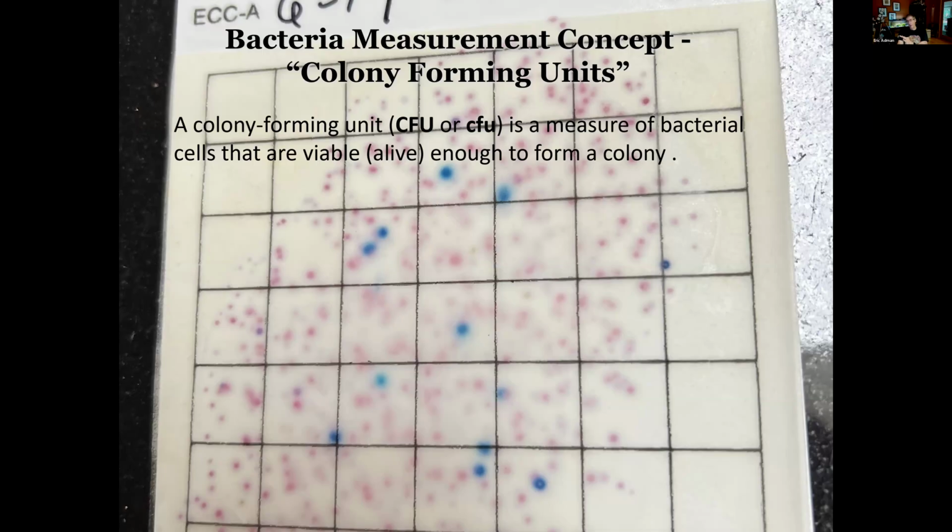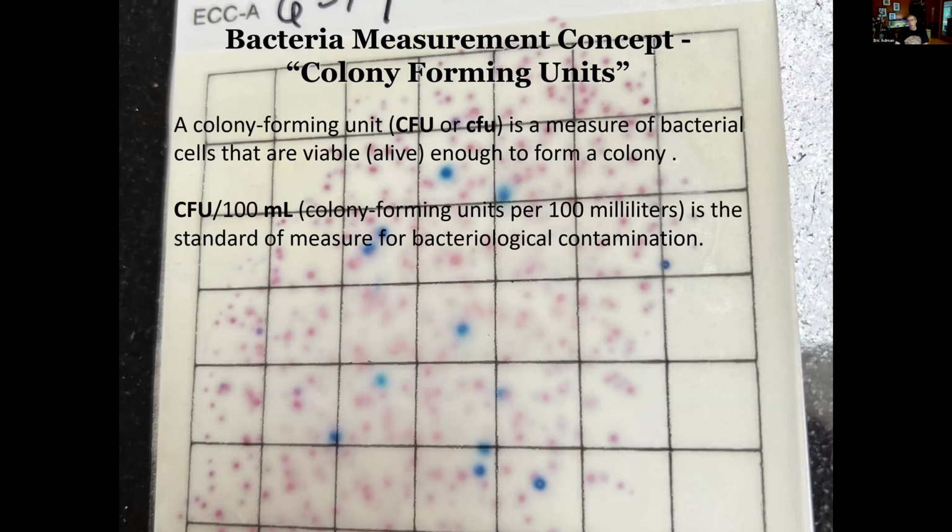And we end up counting those as how we count bacteria. And if you talk to a water quality professional about how they assess bacteria levels, they talk about colony forming units per 100 milliliters. That's kind of the standard. So when people talk about different numbers and CFUs, it's the colony forming units in 100 milliliters.